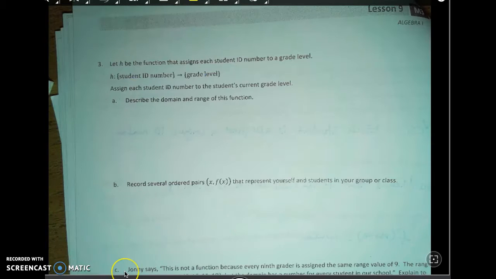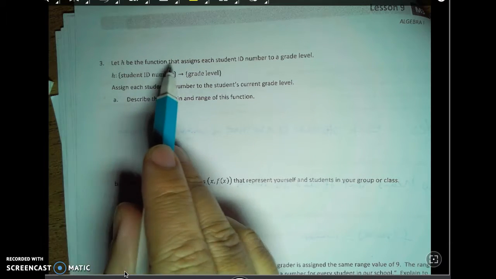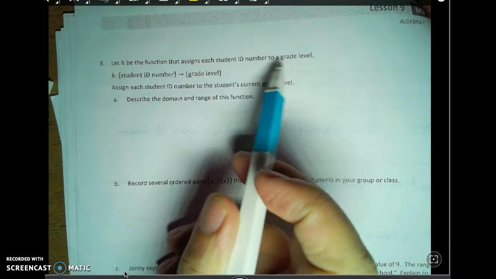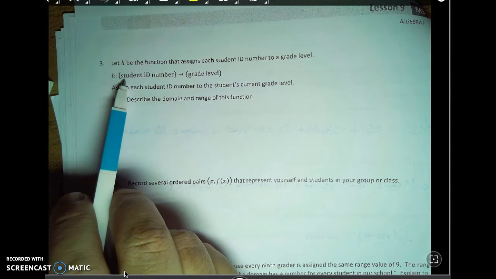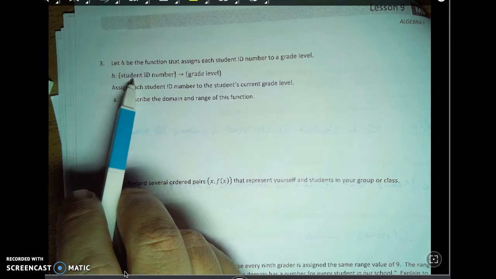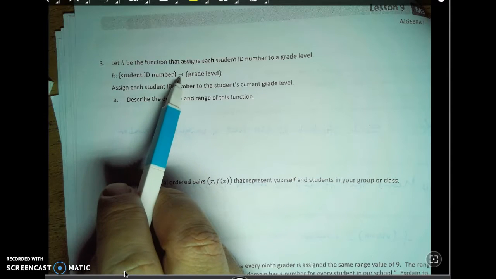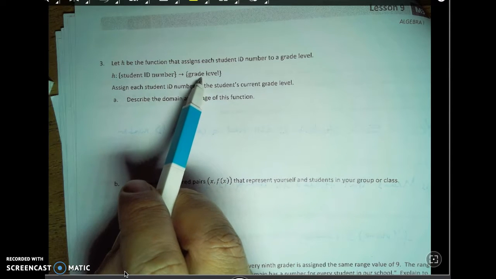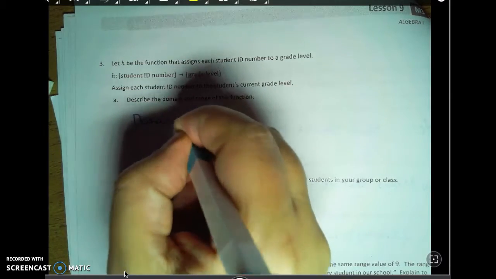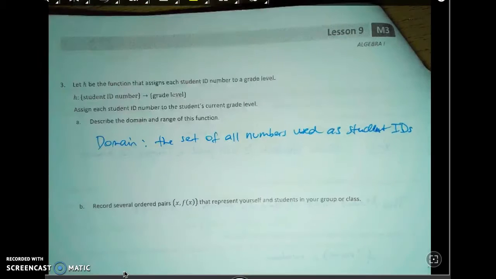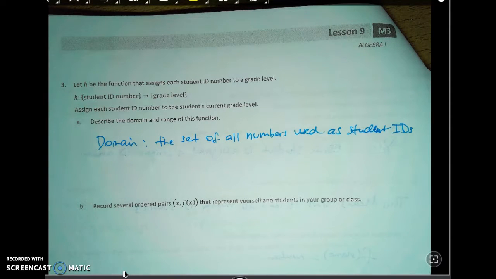So now we're going to use a different function. It says let H be the function that assigns each student ID to a grade level. So you're going to find a student ID that is assigned to a grade level. Your domain in this case will be all numbers used as student IDs.